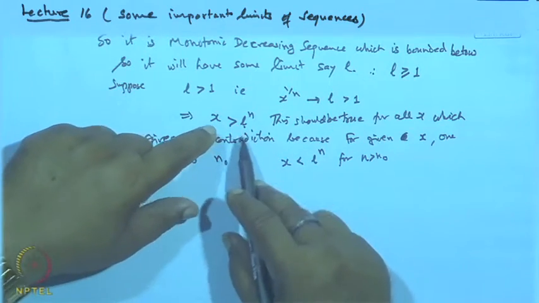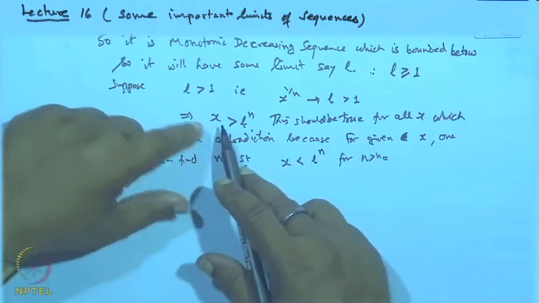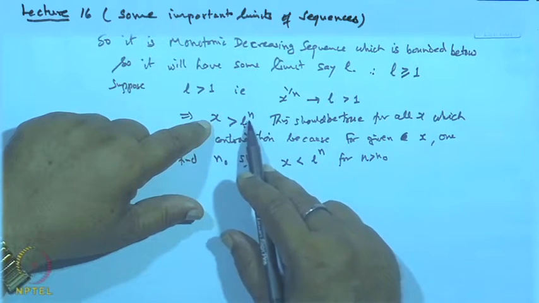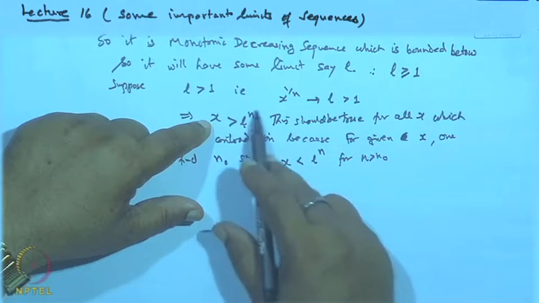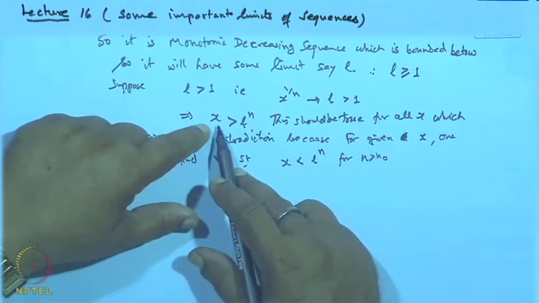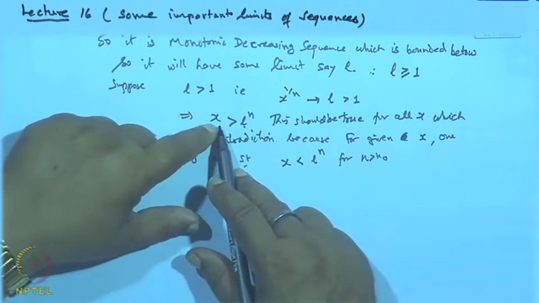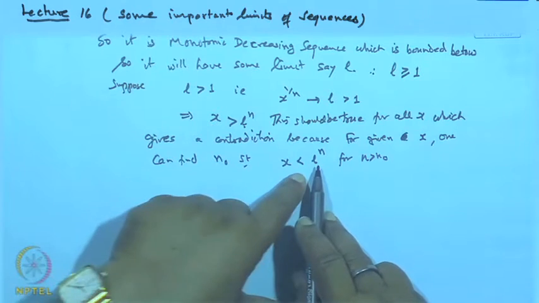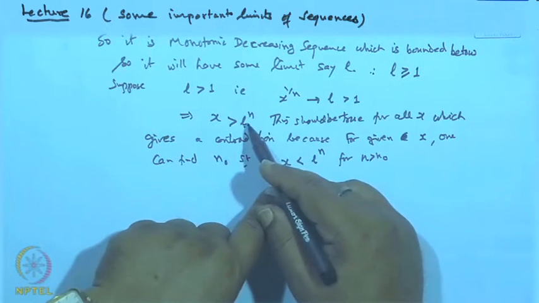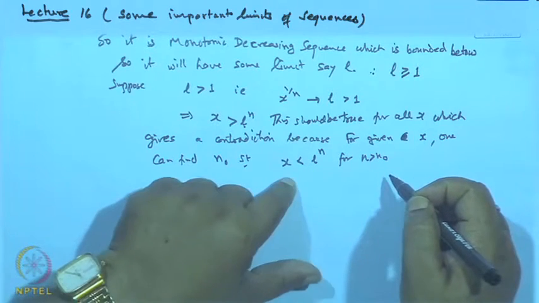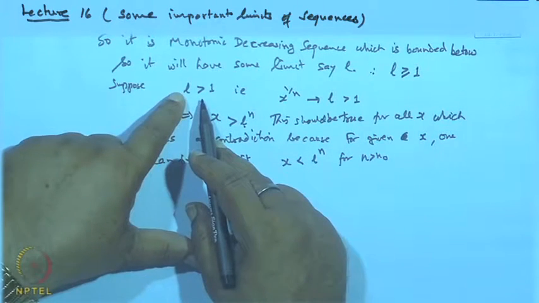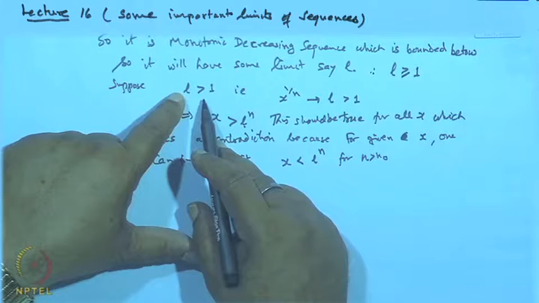But this leads to a contradiction. Once you fix the x, and since L is greater than 1, when n is sufficiently large, L to the power n will keep on increasing. So, a number n naught can be obtained so that x is less than L to the power n after a certain stage. The contradiction is because of the wrong assumption that L is greater than 1.